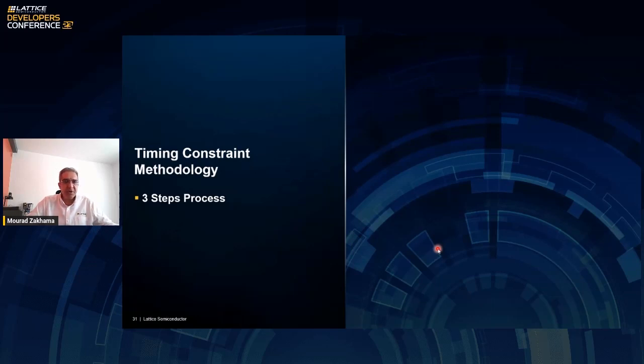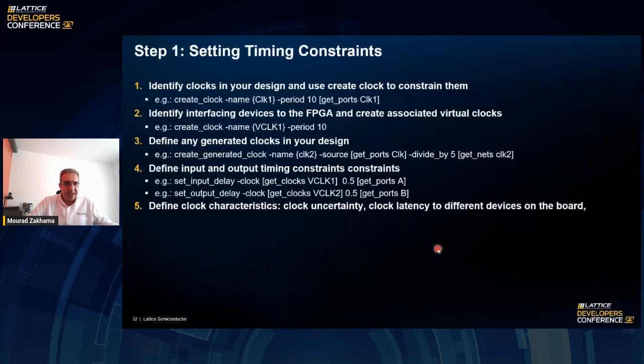So I'm going to propose a three-step process here to do timing closure. If we follow these steps, we should be good in terms of having full coverage of our design. The first thing you should do in step one is identify all the clocks that you have in your design. For each one of these clocks, whether virtual clocks or real clocks, you have to associate that with a timing constraint.